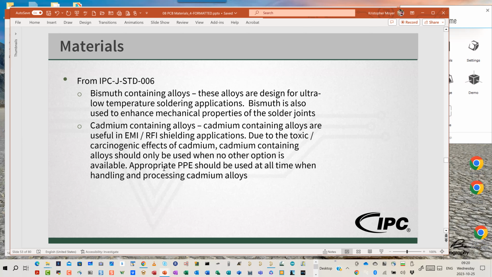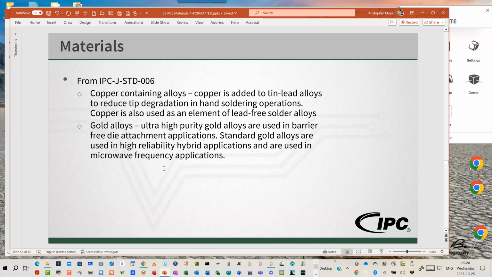Standard solder joints, even though it's a completely metallic connection, still provide a path for some EMI RF radiation to pass through, and so using cadmium-containing alloys can help further reduce EMI RFI. Again, great stuff, very nasty, very toxic. Use as a last resort.